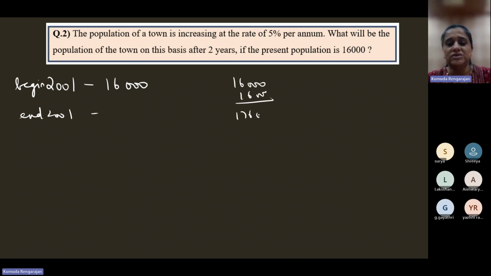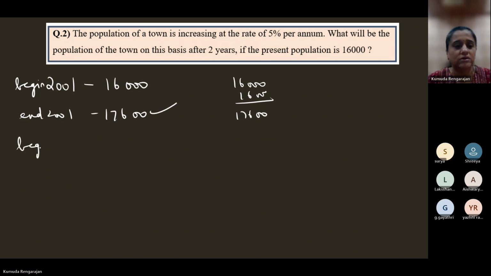So 17,600 is the population at the end of 2001. So this will be the population at the beginning of 2002. You can see that it's like the principal value which keeps increasing every year under compound interest.